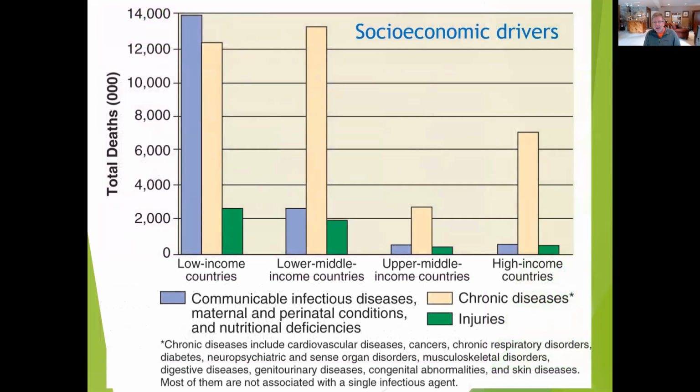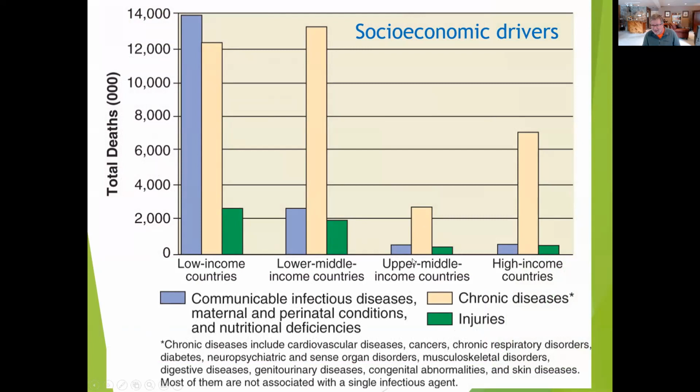This slide talks a little bit about how socioeconomic drivers can influence mortality. So we're looking here at 4 different broad categories of income: the low, low middle, upper middle, and high income countries. Of course, we would be here. Bangladesh would be here, right?